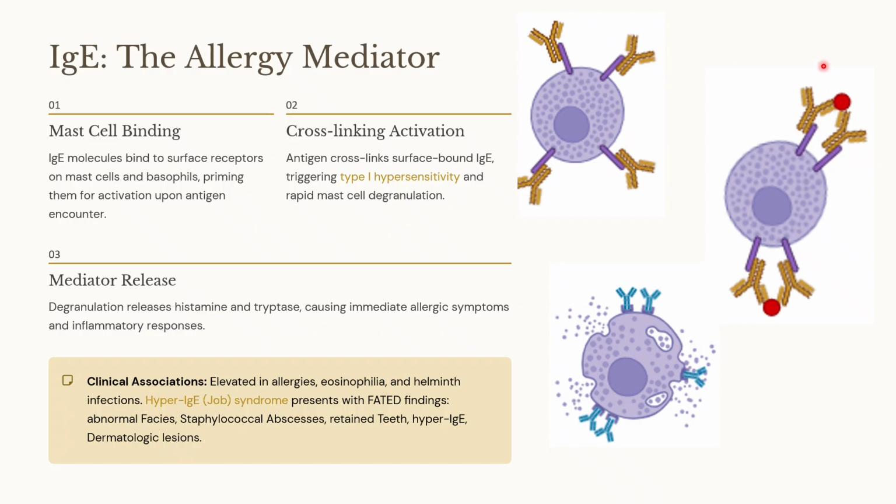This is the antigen. It cross-links the surface-bound IgE, triggering type 1 hypersensitivity. And there is rapid mast cell degranulation. The degranulation releases histamine and tryptase, causing immediate allergic symptoms.